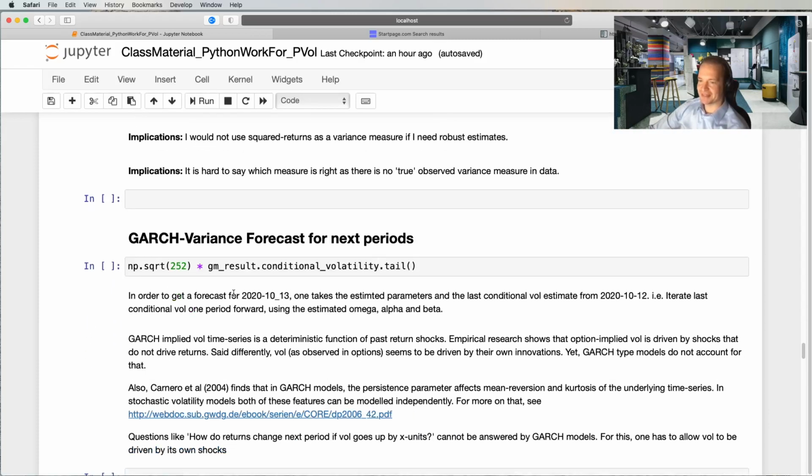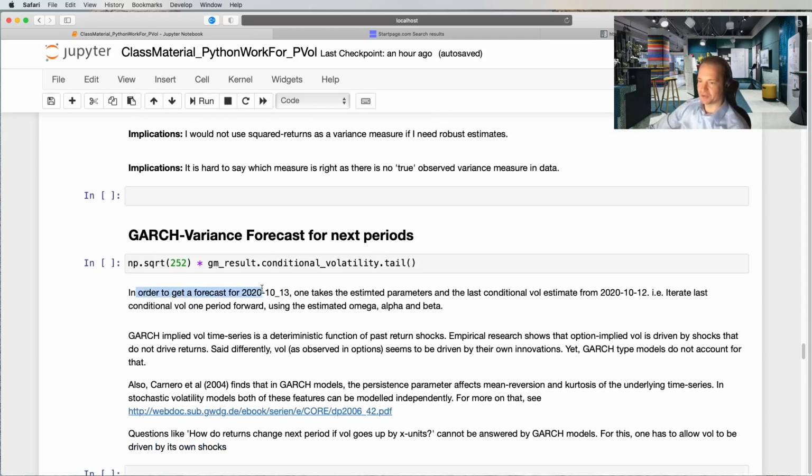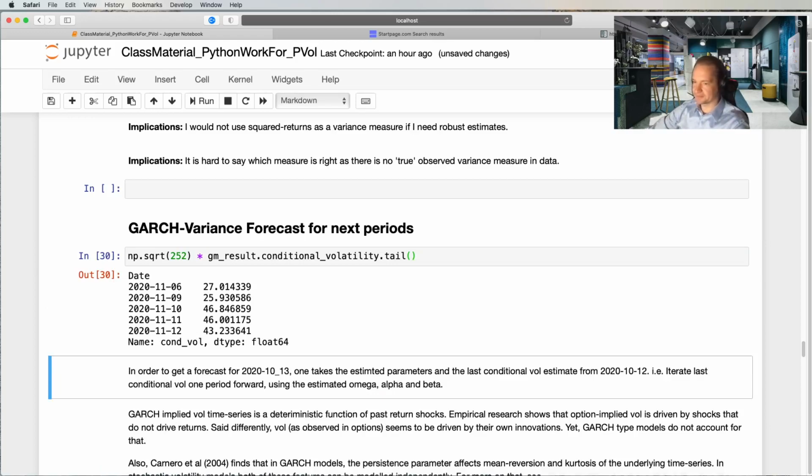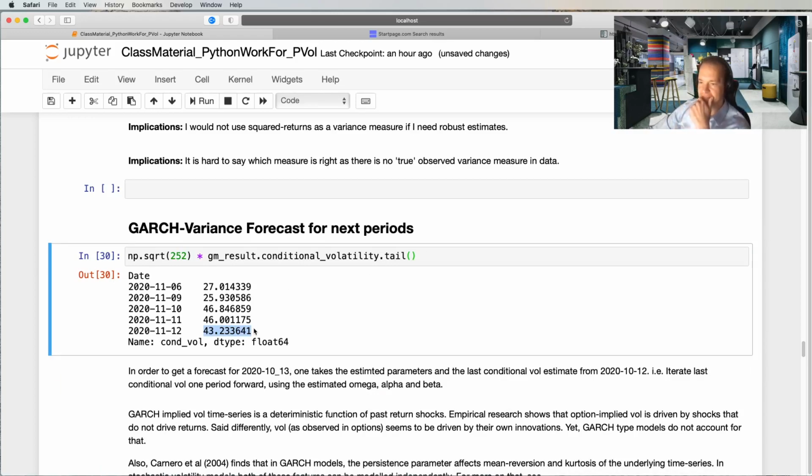Okay, so here I gave you an example. If you want to make a forecast, as I said, that's just a summary. If you want to get a forecast, you look at the tail. You see the last observation for the volatility we have. It's annualized already. It's 40% in November.